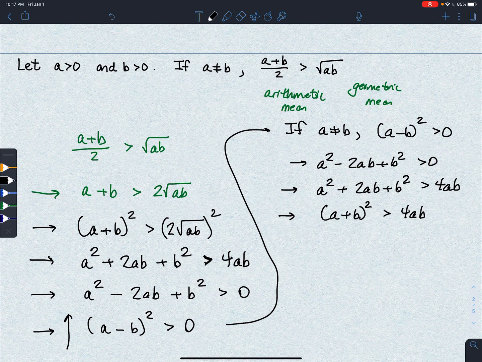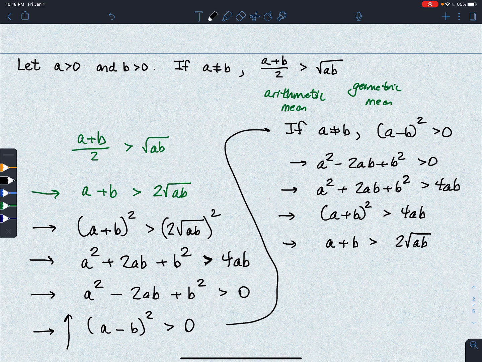Now here is where the fact that they're positive numbers comes into play. We haven't had to really consider that yet. When we take the square root of both sides, remember in normal algebra you have to incorporate a plus or minus. Here you don't really have to worry about that, because normally it would be plus or minus 2 square root ab.